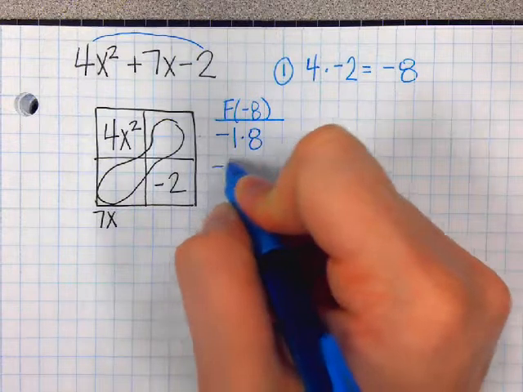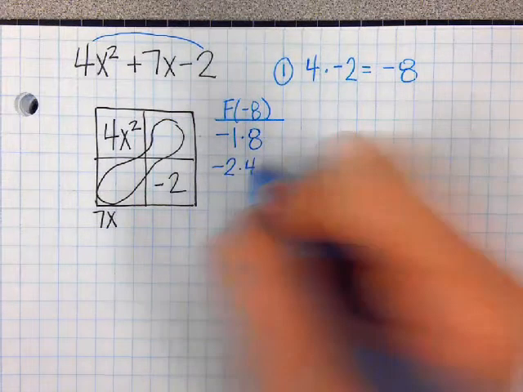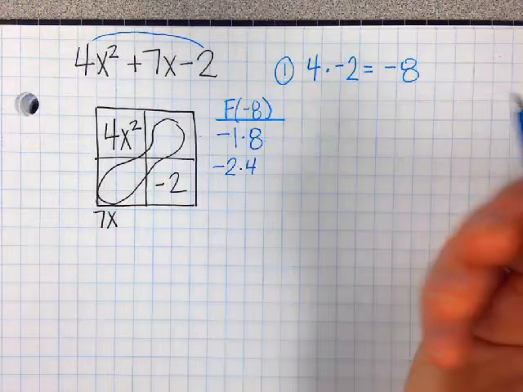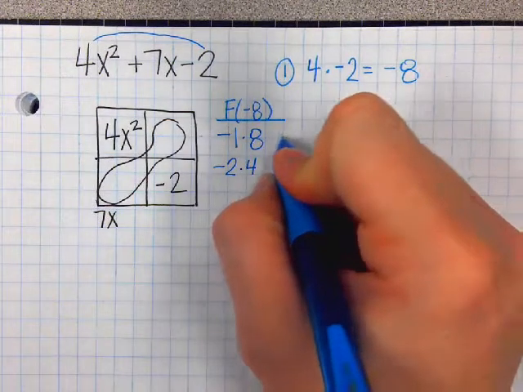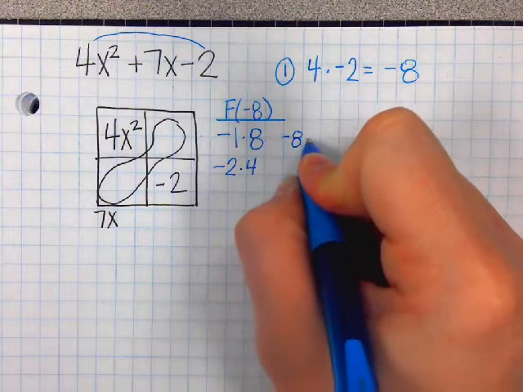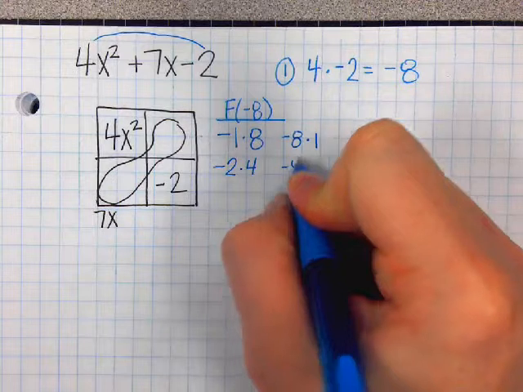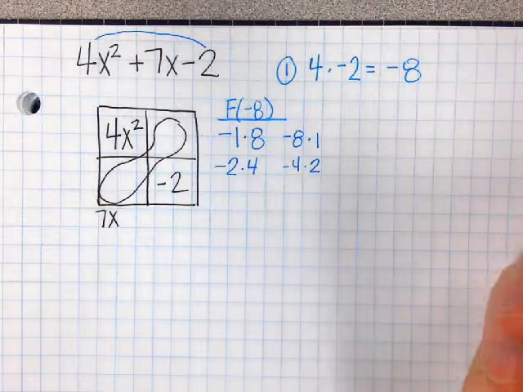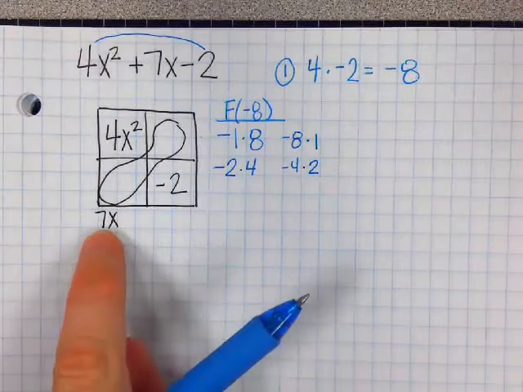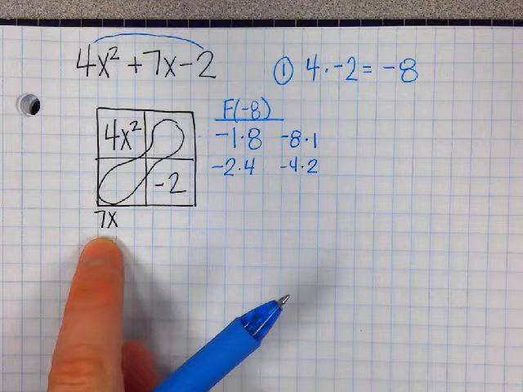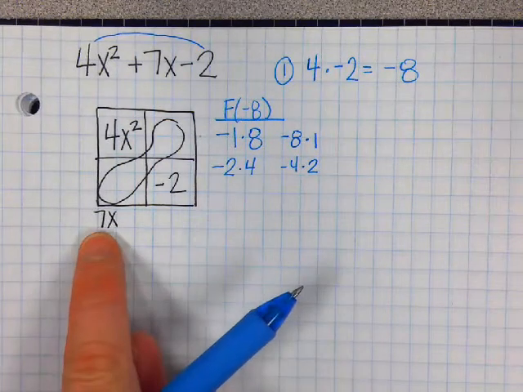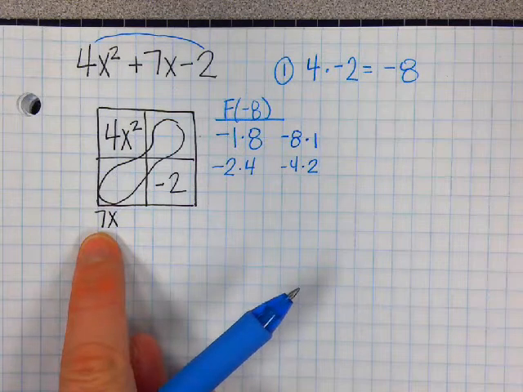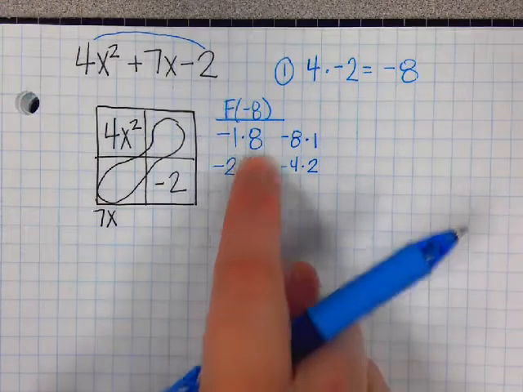Okay, so negative 1 times 8, because a negative times a positive gives you a negative. Negative 2 times 4. 3 doesn't go into 8, and then 4 is already listed. You could list the other set, negative 8 times 1 and negative 4 times 2, because it's going to depend on the sign of this.